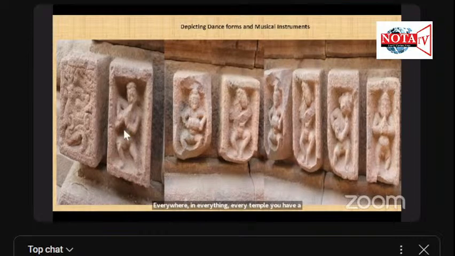Different instruments like flute, drums, and mridangam are shown, which means that entertainment was part of the temple culture, and people learned many things through these sculptures. In my opinion, the way they have been depicted is to educate the people who come there.